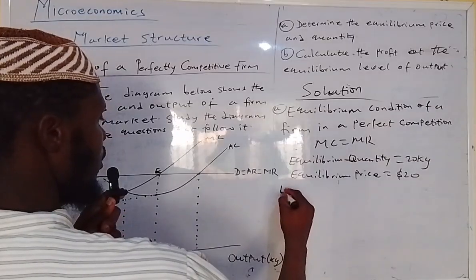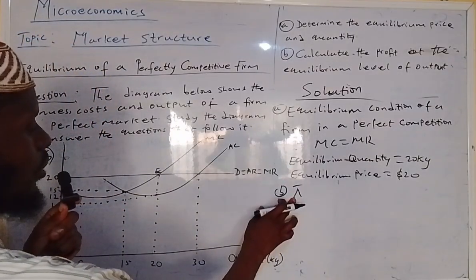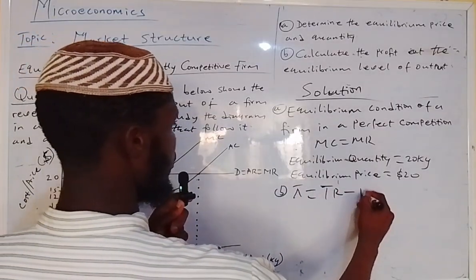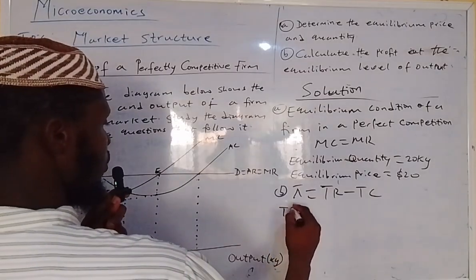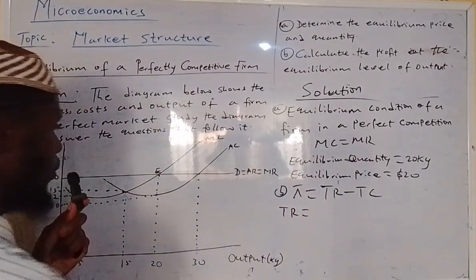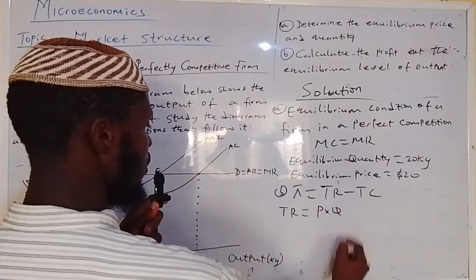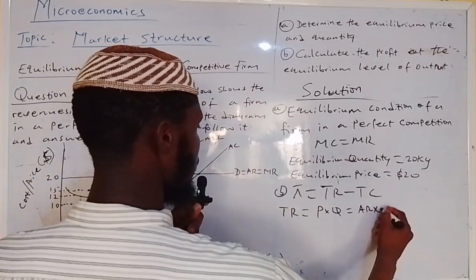So don't forget, profit of a firm, which is denoted by pi, is equal to total revenue minus total cost. Now, also recall that total revenue is equal to price multiplied by quantity, which is the same thing as average revenue times Q. Why?